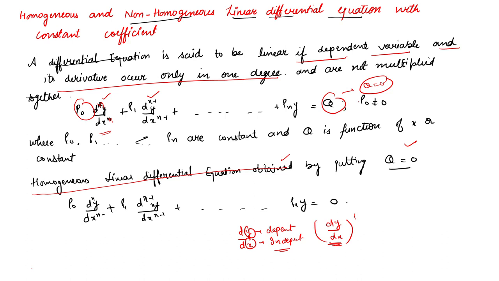On the other hand, if Q is not equal to 0, either a function of x or a constant, then this is known as a non-homogeneous linear differential equation.